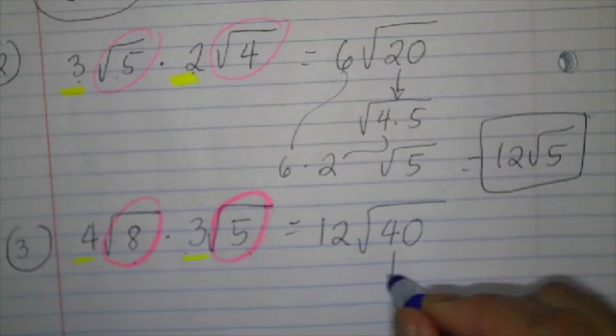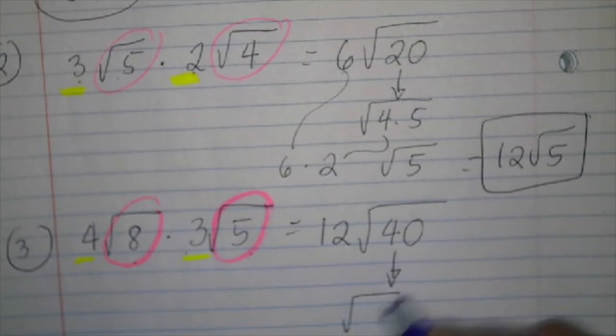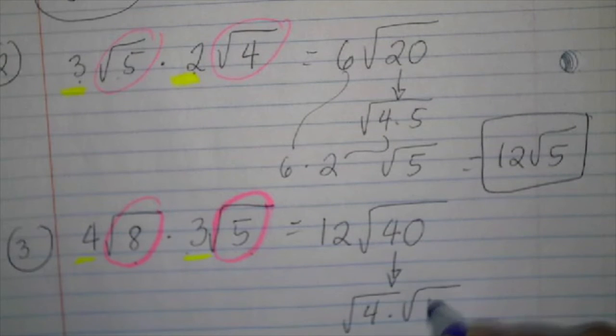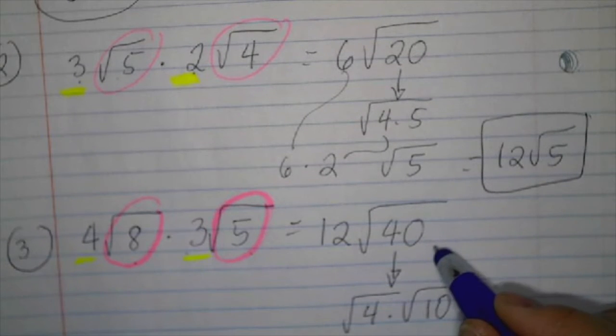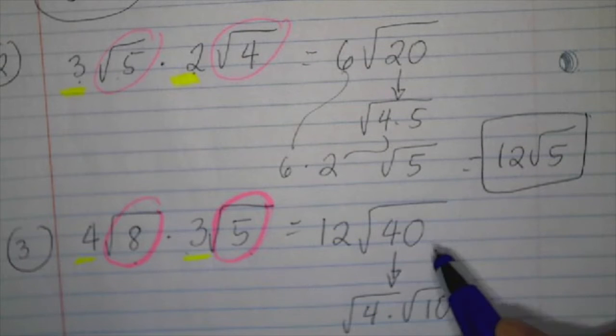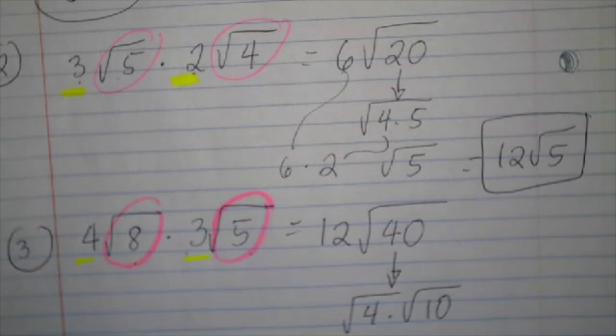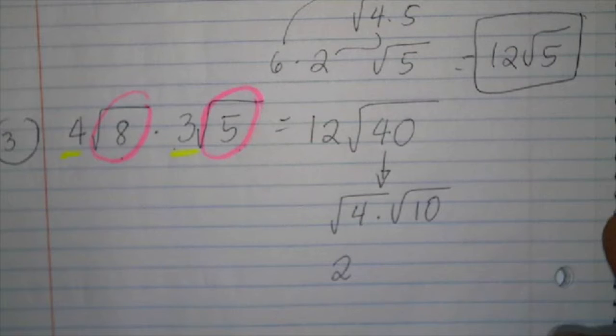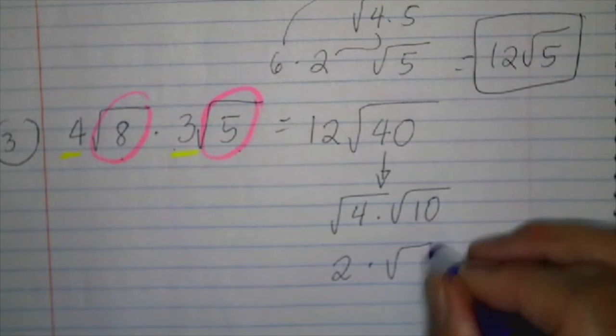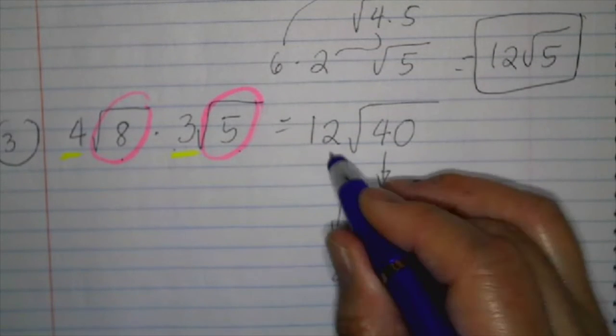But again, 40 has a perfect square number. So again, factor this out, which is square root of 4 times square root of 10. Always remember, one perfect square number. And I've shown you what the perfect square numbers are. Square root of 4 is outside the radical.